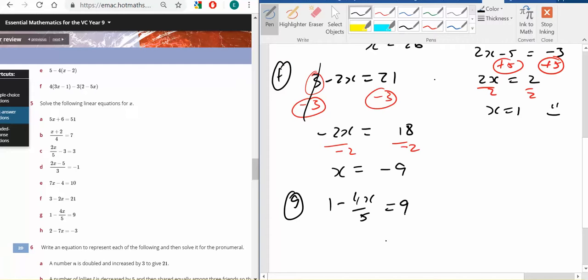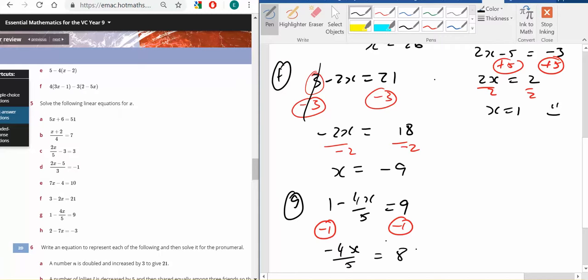I subtract 1 from both sides. So again, first step is vital. You've got to make sure you can remove all the easy attachments. So I'm left with negative 4x over 5. Don't drop the negative, please. Okay, the negative's still there. Equals 8.